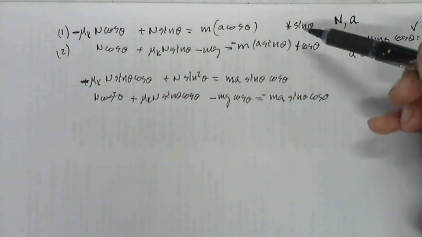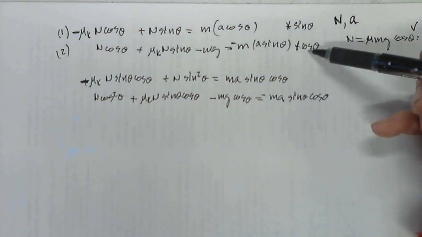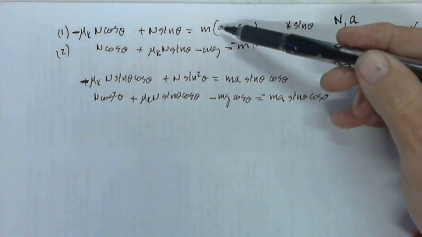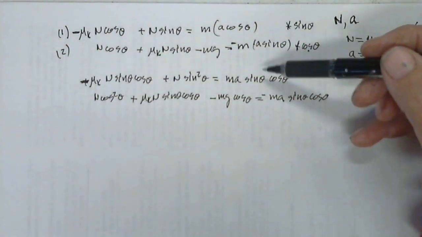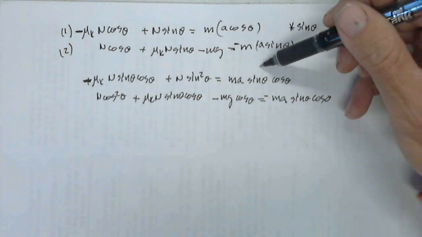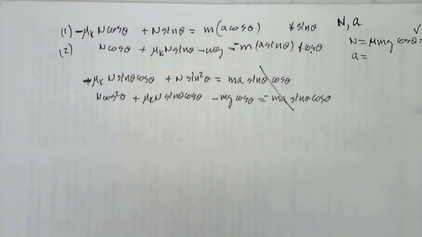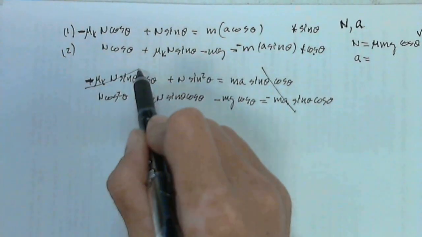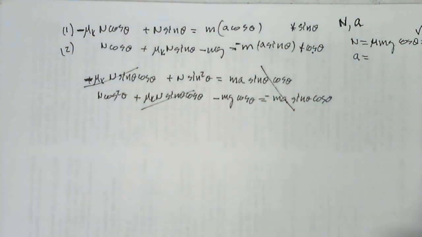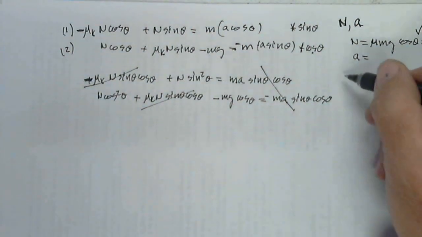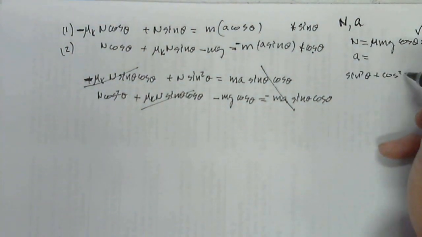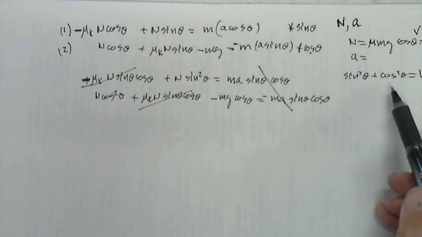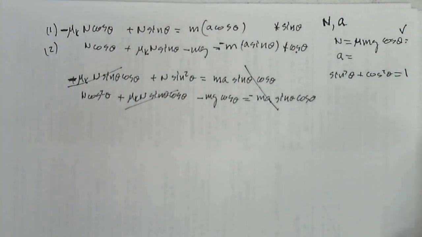Now I multiply the first one times sine and the second times cosine, because this term on the right hand side of the system of equations is going to cancel out. Also these terms over here cancel out when I add them up. And you know that sine squared plus cosine squared is 1. That's the fundamental identity of trigonometry.